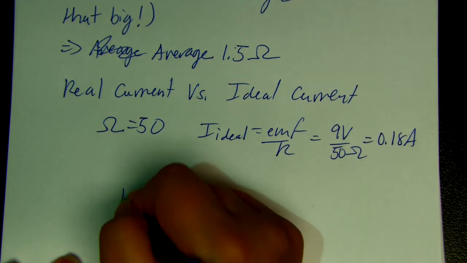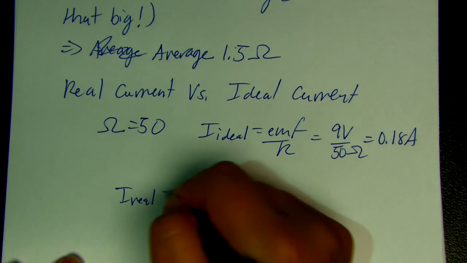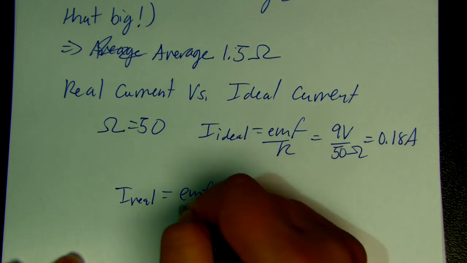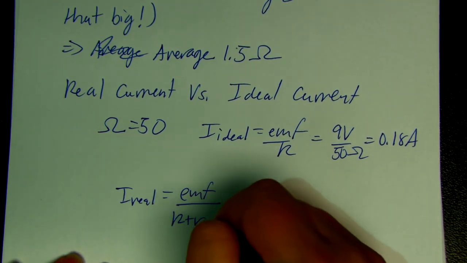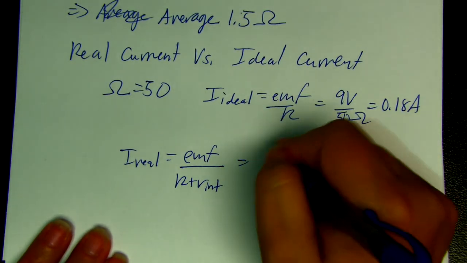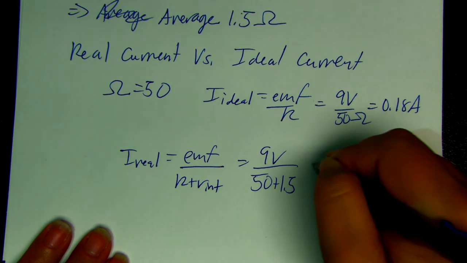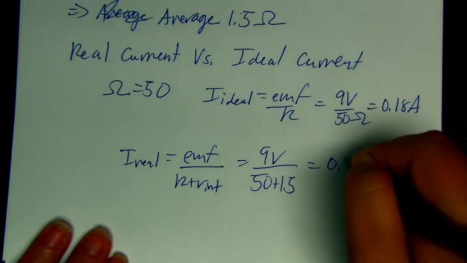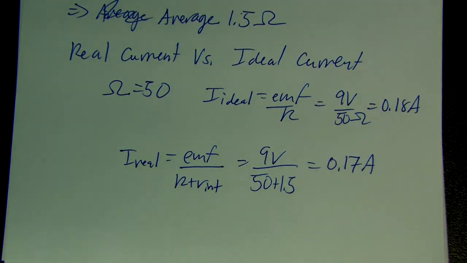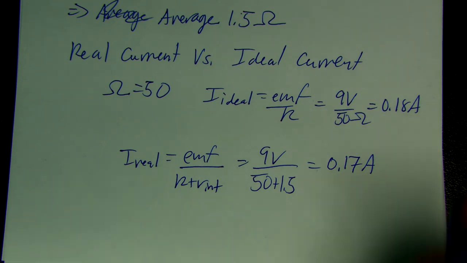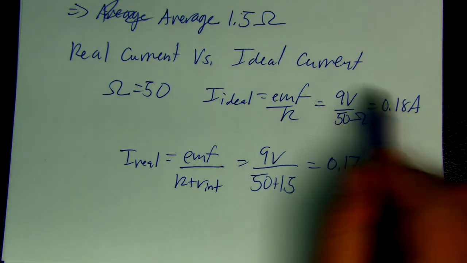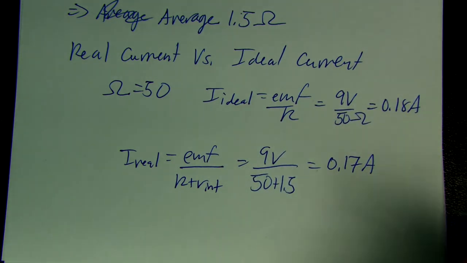However, in real life, the current would be EMF over R plus R internal, which is 9 volts over 50 plus 1.5, which gets you 0.17 amps. So a little bit of a difference. Again, it depends on how precisely you need your measurements. This might be good enough, but it might not.